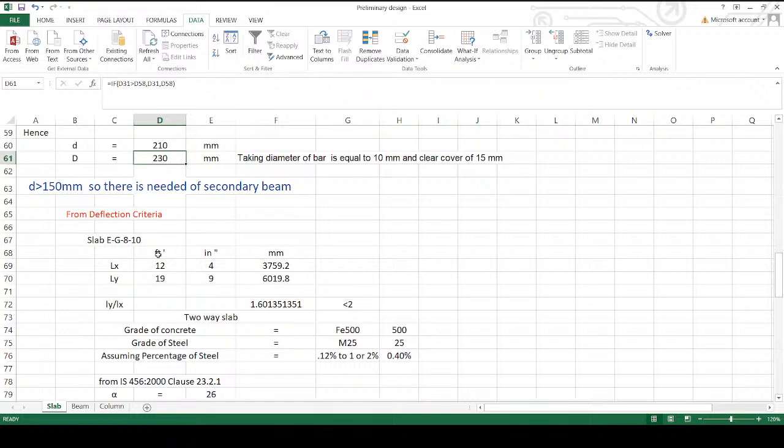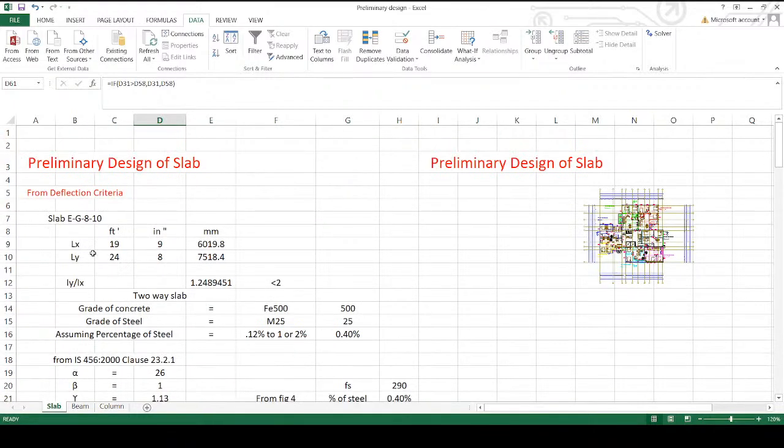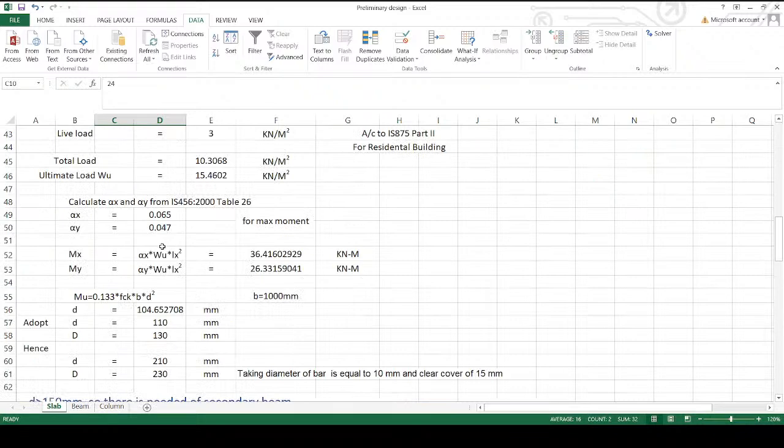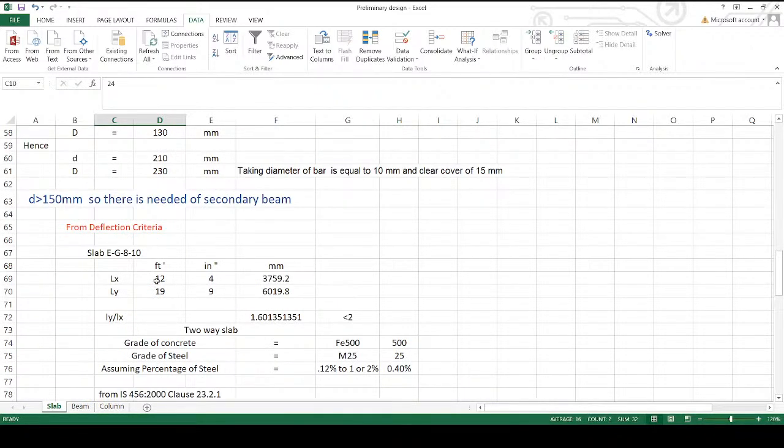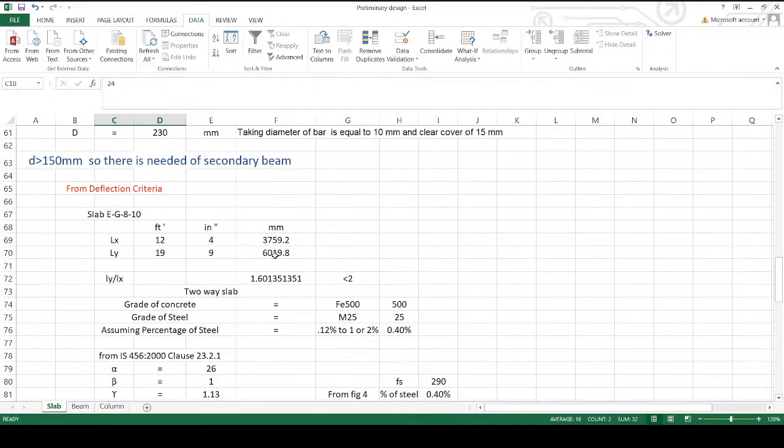Here the larger span is 24.8, divided by 2, that is the smaller span, and the largest span is going to be 19 feet 9 inch, converted into mm.